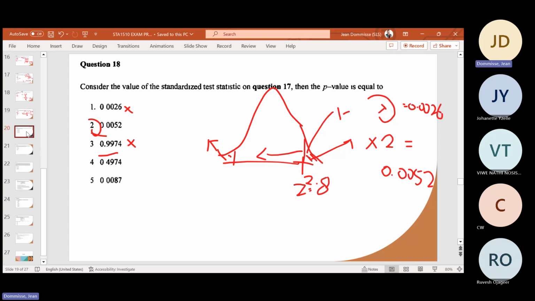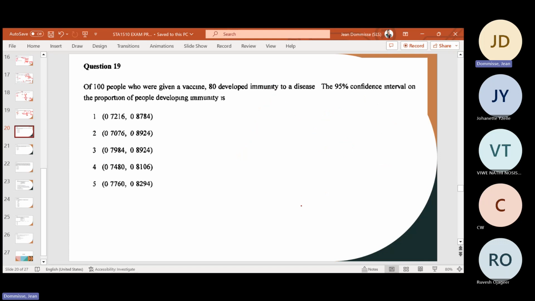Okay, so let's look at question 19. Now we're going into confidence intervals. The first one that we're looking at is a confidence interval of proportions. We look at 80 divided by 100, so our proportion is 0.8.